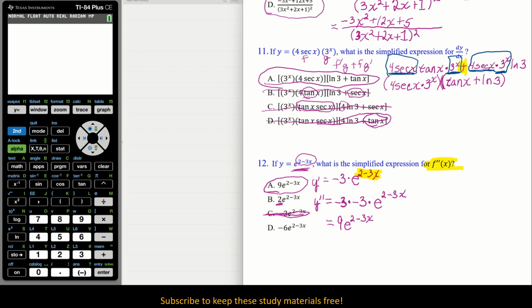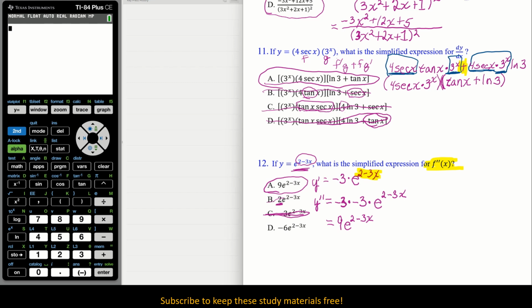Not sure how B got that. I tried to figure that out. The only thing I can think of is that maybe they did the exponent wrong and only took a first derivative incorrectly. Doesn't work. And then I was looking at D, and that's what I think might have happened there.